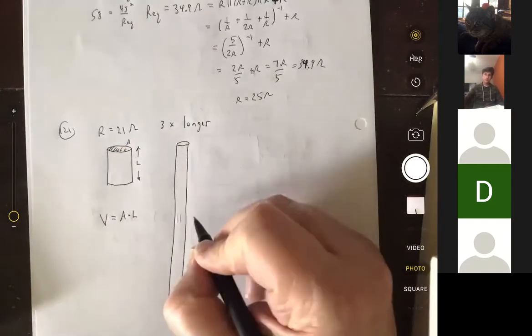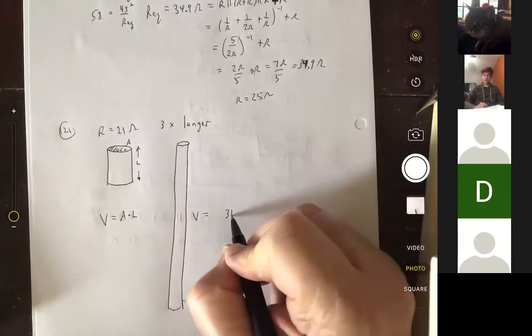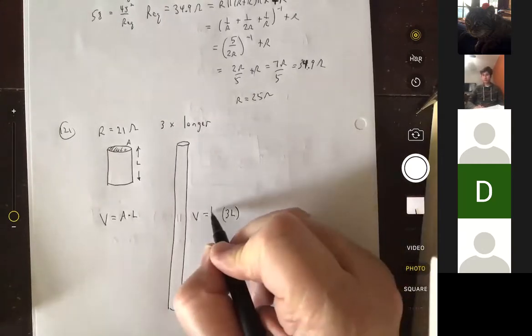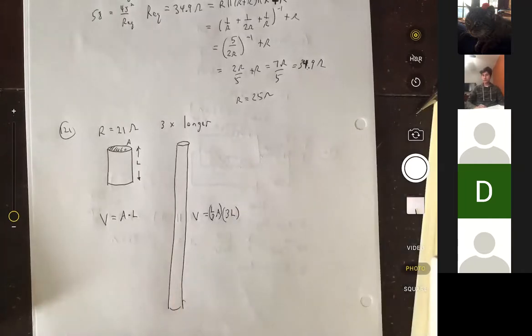Now I've got a situation where it's the same volume, but I just made it 3 times longer. So I hope you see that if I made this wire 3 times longer, then the area has to be only 1/3 the area. Before I go on, does this make sense, Jada? Yes, it does. Okay, good, because that's one of the keys of the problem.